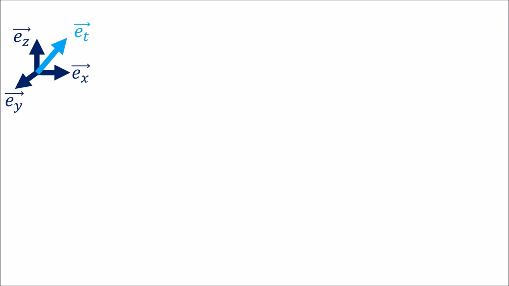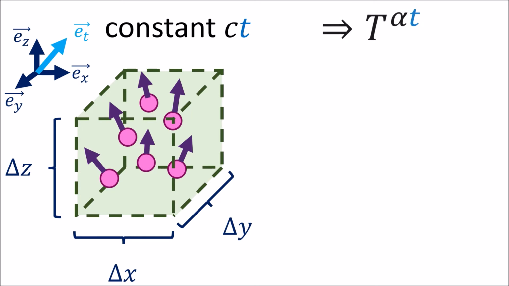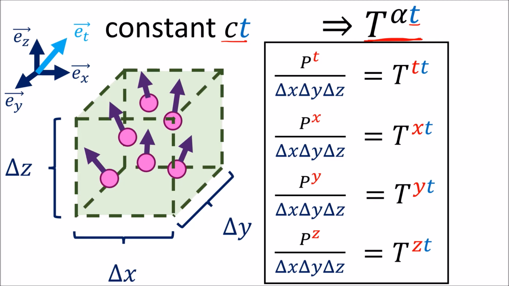For example, if we look at an xyz box at a constant time, this will give us four components of the EM tensor, where the second index is time. We can count up all the four-momentum of the particles and radiation inside, and we'll get four components for the total time, x, y, and z momentum. These give the tt, xt, yt, and zt components of the energy-momentum tensor, respectively.